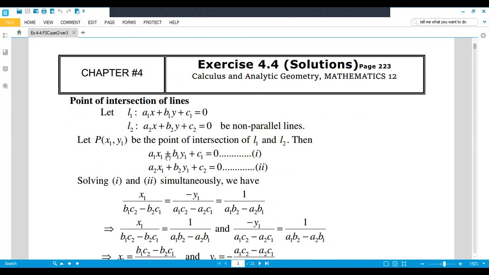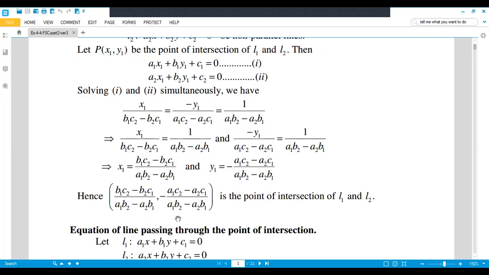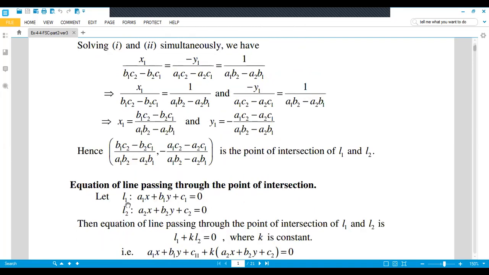Then a1x1 plus b1y1 plus c1 equals 0, and a2x1 plus b2y1 plus c2 equals 0. Now solving 1 and 2 by matrices, we get the point of intersection of L1 and L2. So with the help of this we find the point of intersection of two lines which are not parallel.